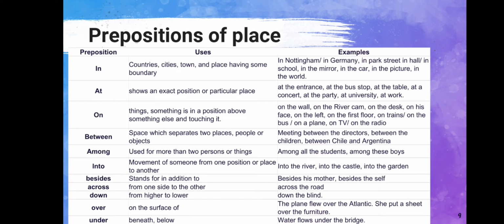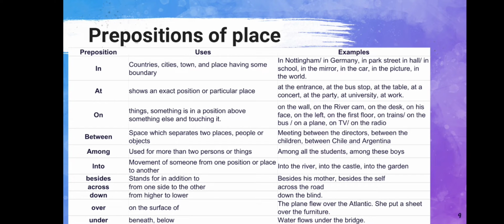Next is prepositions of place. In, at, on. The same thing is applicable here also. For countries, the name of the country, we have to use in. In India, I live in India, right? So we are using in before the noun: countries, cities, towns, and places having some boundary. At shows an exact position or particular place.